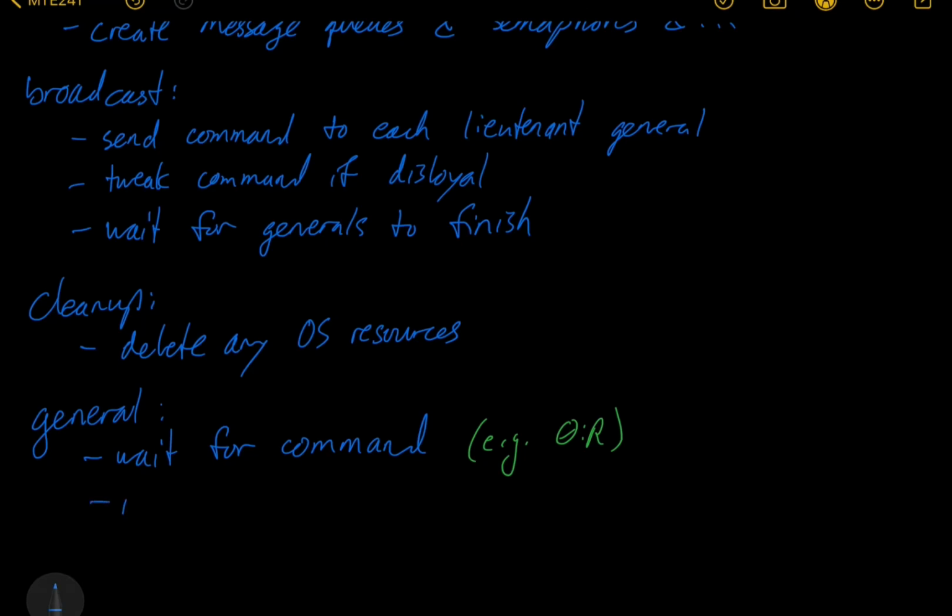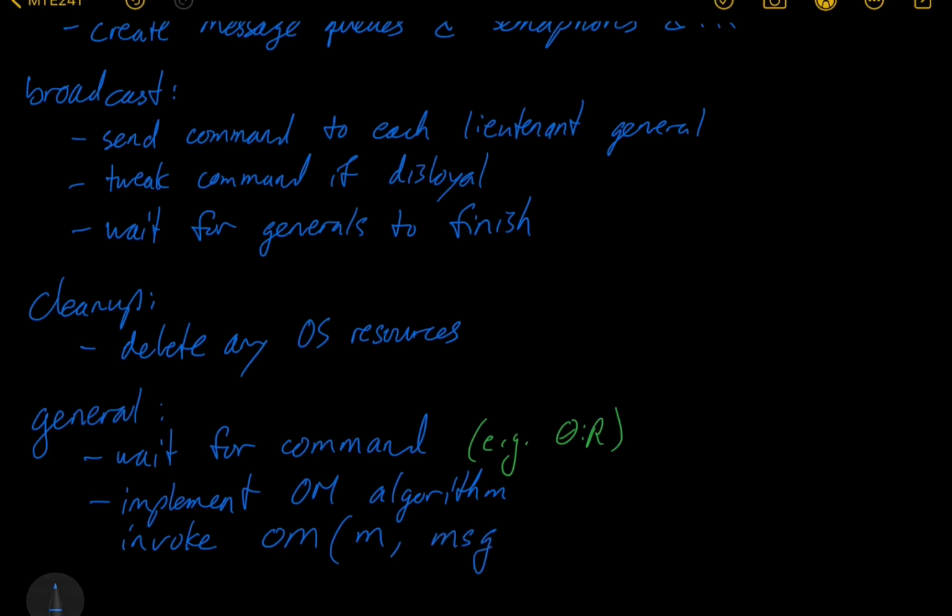And then it will implement the OM algorithm. So I'll give you a rough outline for a recursive implementation of it. So what you could do here is you could invoke a helper function, let's call it OM, and pass it M, which is the number of disloyal generals, and it also indicates what level of recursion you're at, and the message that's been received, or the command.